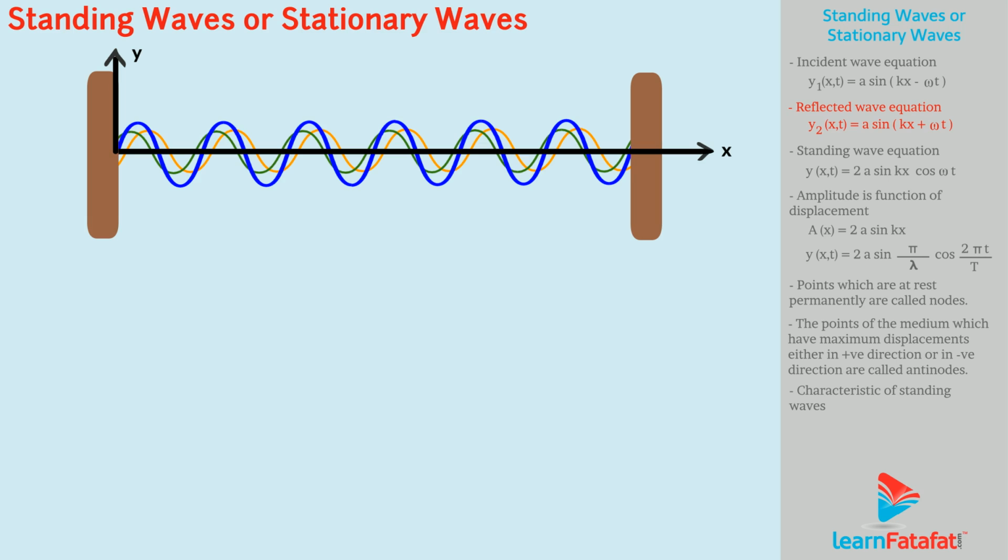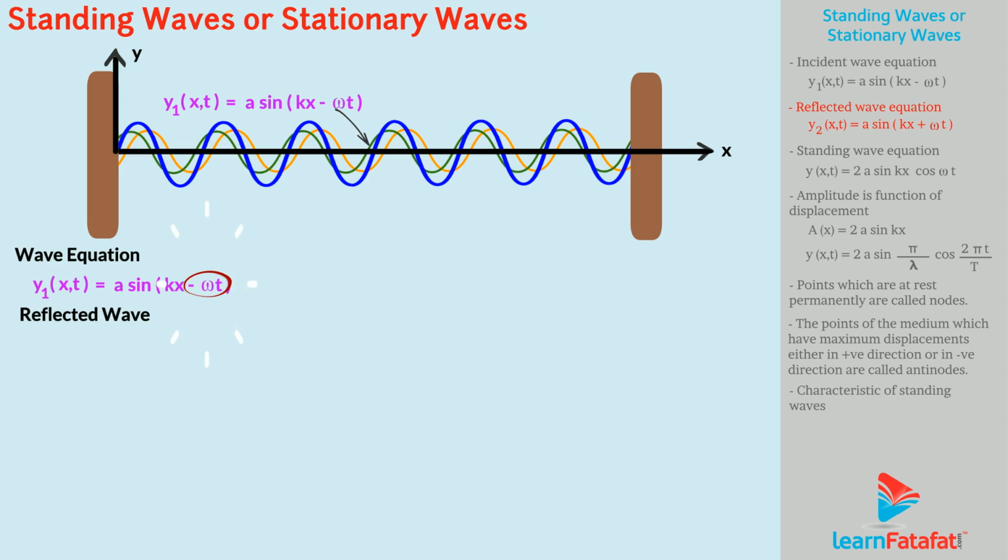Mathematically speaking, consider a wave having equation y1(x, t) = a sin(kx - ωt). The reflected wave will have the opposite sign of ωt. That is, y2(x, t) = a sin(kx + ωt).